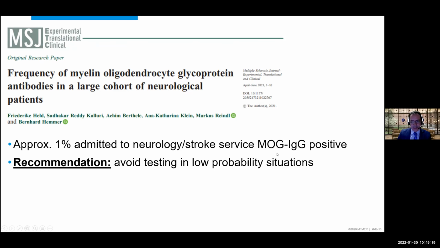And again, they found a risk of low positive MOG antibodies in disease controls at a rate of about 1%, and these were usually low positives. So the message here is to be careful with your interpretation and potentially avoid testing in low probability situations where you think it's classic for multiple sclerosis. You may not need to test for the MOG antibody.